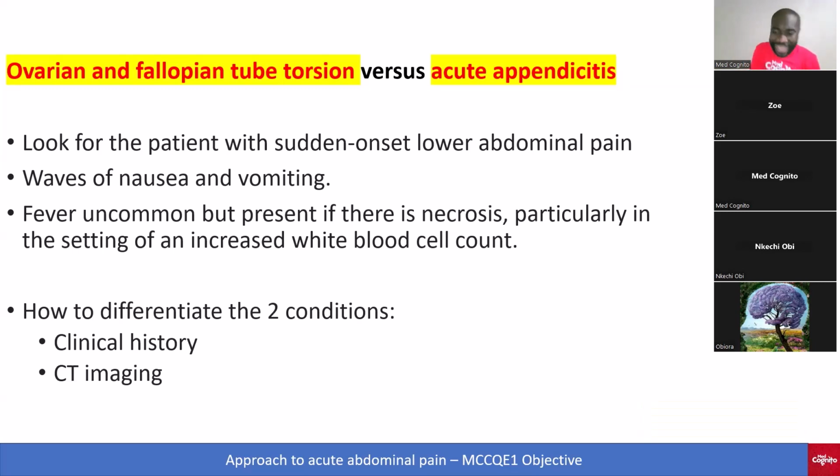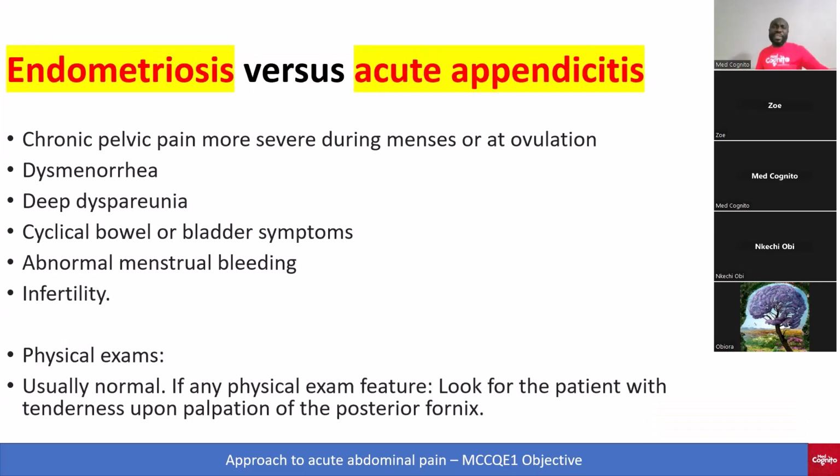Sudden. Okay. What about a patient with endometriosis? How will I be able to use my clinical knowledge from MedCognito to separate endometriosis from acute appendicitis? With endometriosis, you realize that the patient has pain which has been ongoing chronically, chronic pelvic pain.